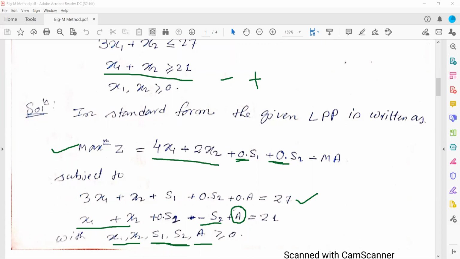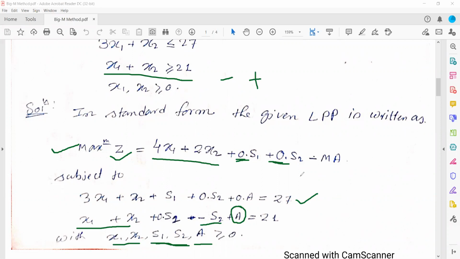And then the artificial variable: you need to introduce it in this objective function with coefficient M. That is also called the penalty method. This M is the penalty, and its value is very, very large.